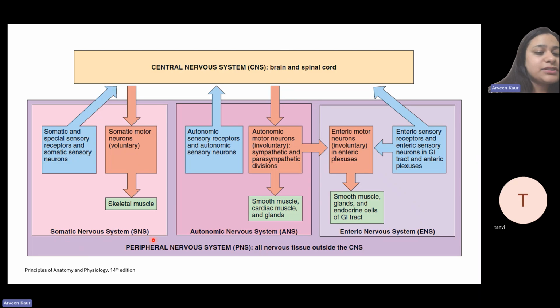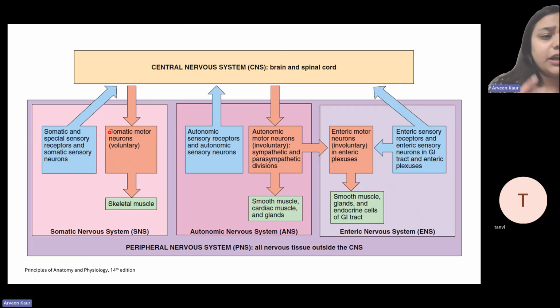Because the somatic nervous system has something to do with movement, it is present in the skeletal muscle, the voluntary muscle, right? That is why somatic motor neurons are involved, because these are neurons that fire when a decision has been made, right?